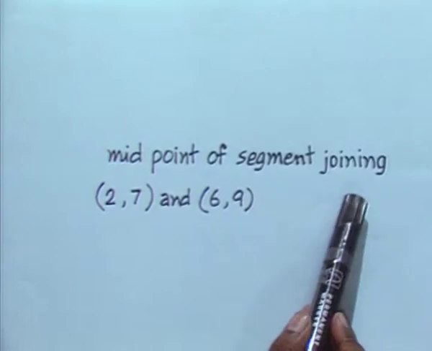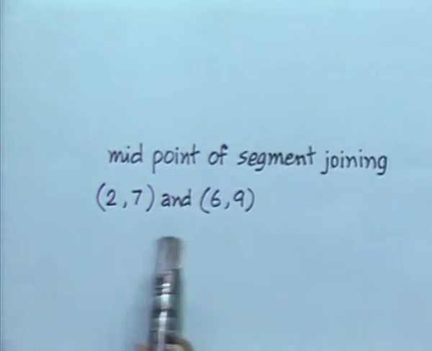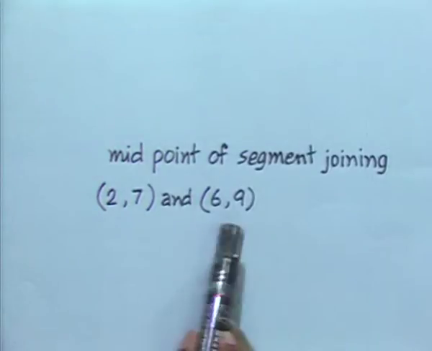In the study of figures, we sometimes need some more results. For example, coordinates of a particular point. Ravi, can you state what will be the midpoint of a line segment joining the points 2, 7 and 6, 9? The x-coordinate of the midpoint would be between 2 and 6, while the y-coordinate will be between 7 and 9.